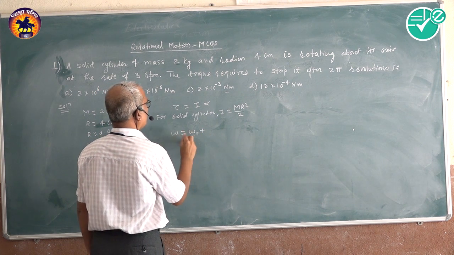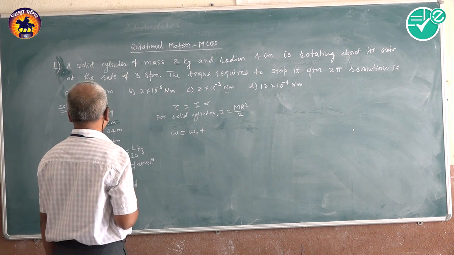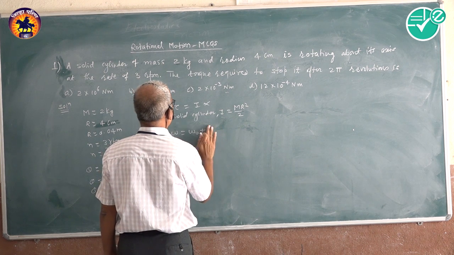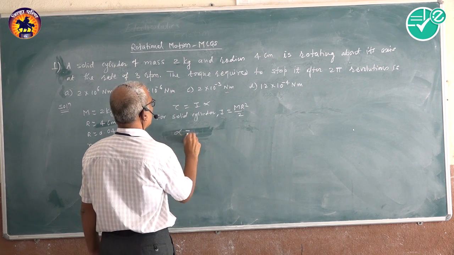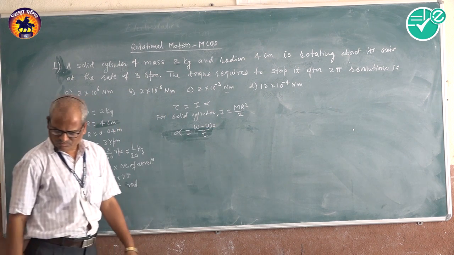For this we have the formula omega is equal to omega 0 plus alpha t. One can write the formula for alpha is equal to omega minus omega 0 by t, that is one more formula.